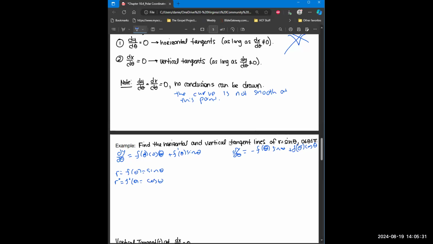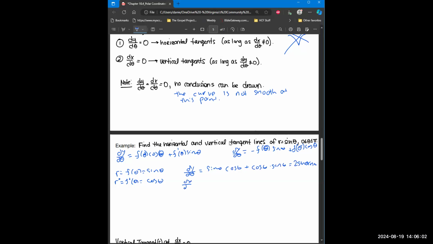So I have dy d theta equal to f of theta, which is sine theta, times cosine theta, plus f prime of theta, which is cosine theta, times sine theta. It's 2 sine theta cosine theta.